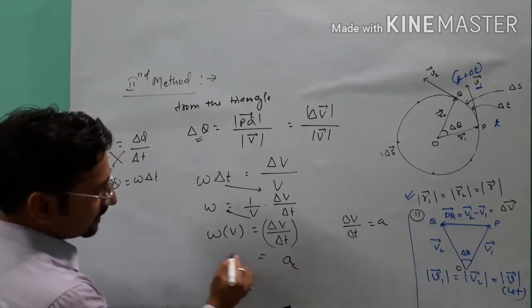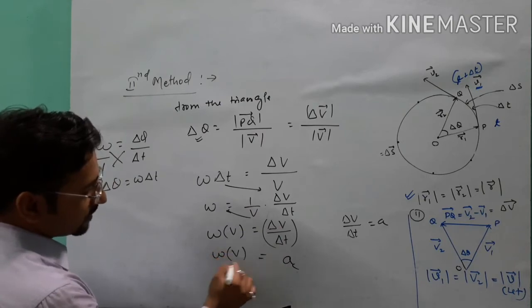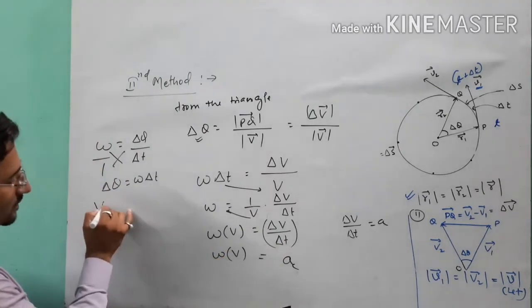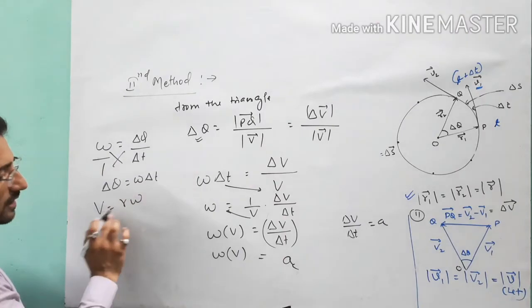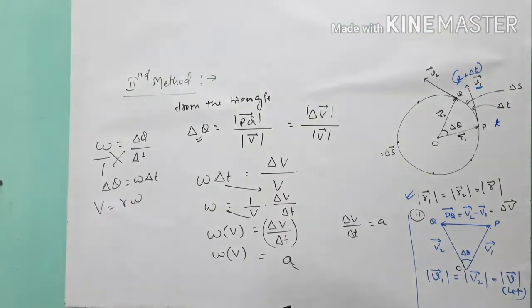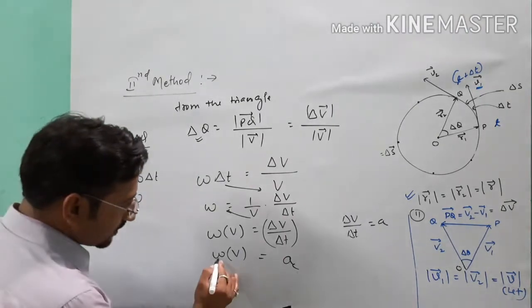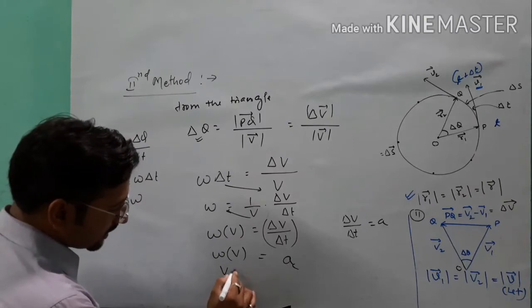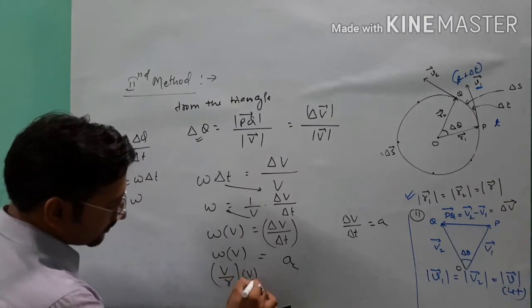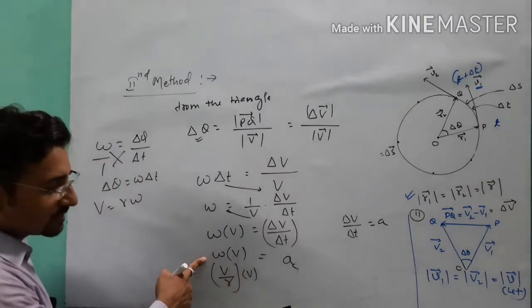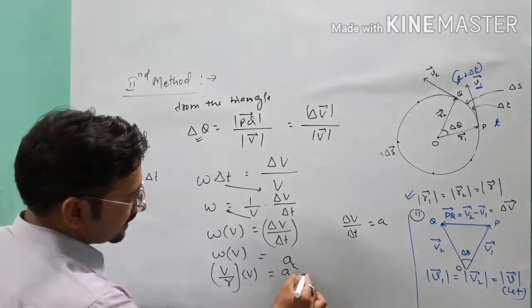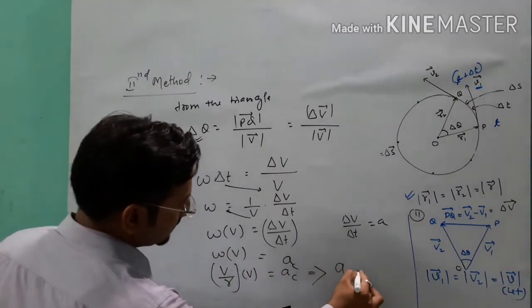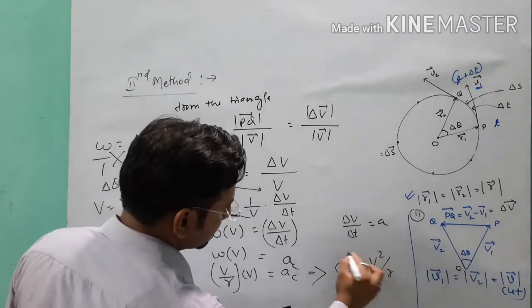So in place of this value you can write acceleration A, which is called our centripetal acceleration, denoted by AC, and it is equal to omega into v. Now as you know the relation between v and omega, v is equal to r omega, so you can write here omega is equal to v over r. V is our linear velocity, omega is our angular velocity, so you can write finally the value AC is equal to v square over r.